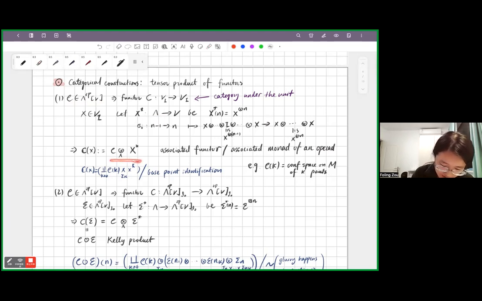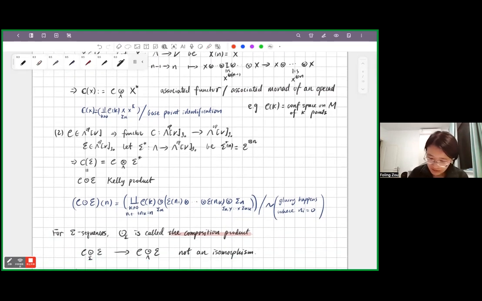So basically you do Cn tensor X to the n, and then you do some base point identification. This is the associated functor of C, and if C is an operad, then this is the associated monad of an operad.